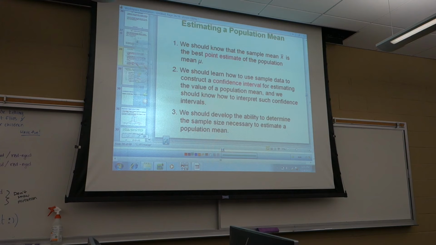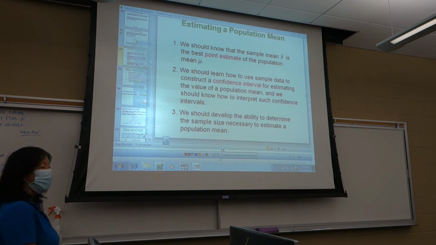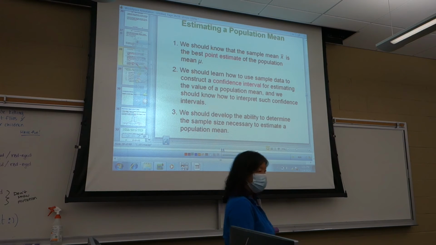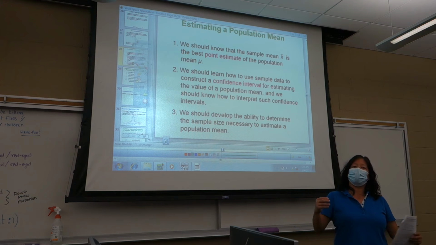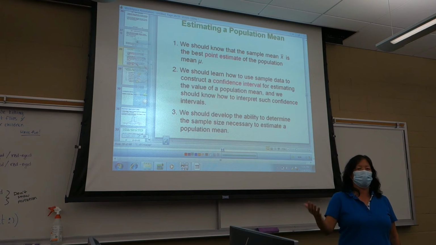So first of all, you should all realize that, same as for the first part of chapter 7, the best point estimate is my X bar, whatever I get from my sample. In other words, I take a sample. I want to know how tall all Americans are. So I take a sample of a bunch of Americans, and they have an average height of 5 foot 7.4 inches.